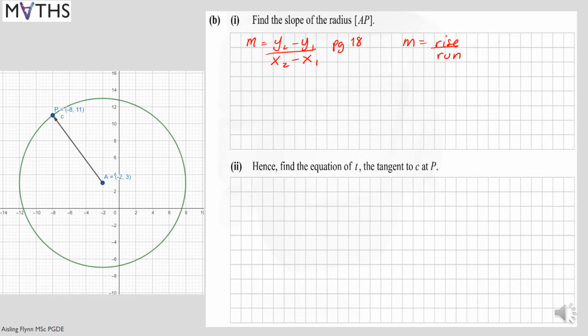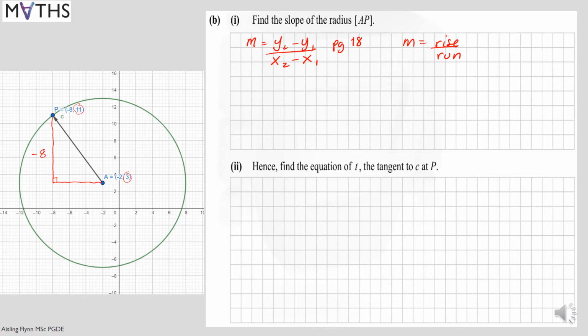If we use rise over run, I have to draw a right angle triangle from A to P, or P to A, to look at the horizontal and the vertical difference. Firstly, as you go from left to right, from P to A, we drop. We're decreasing, so we'll have a negative slope, and we fall from 11 down to 3, so we fall 8.